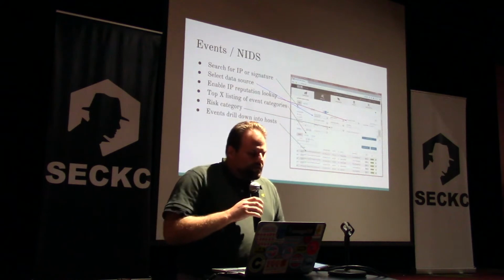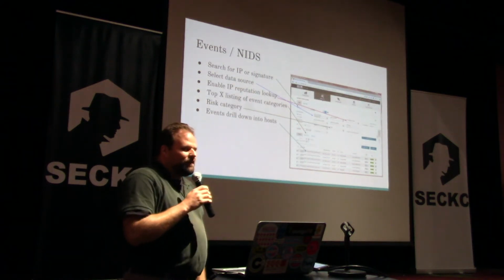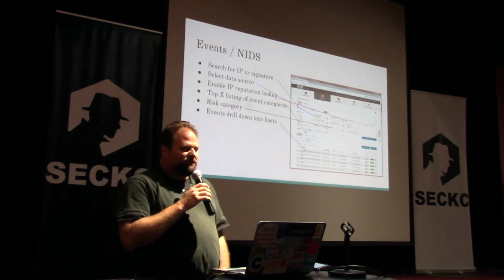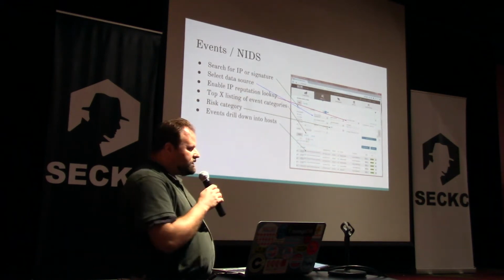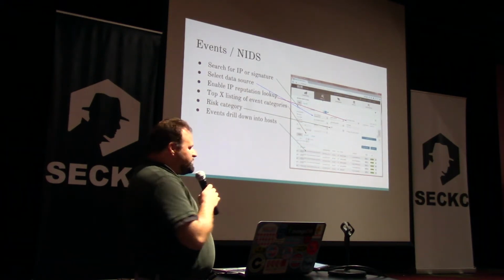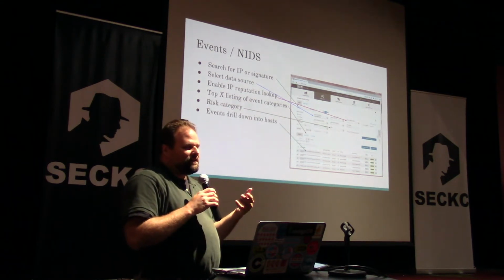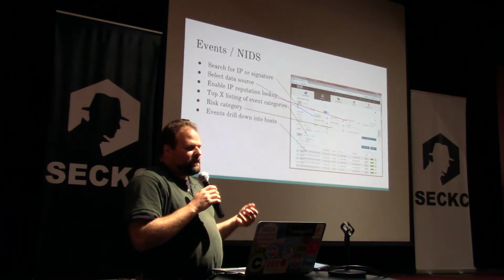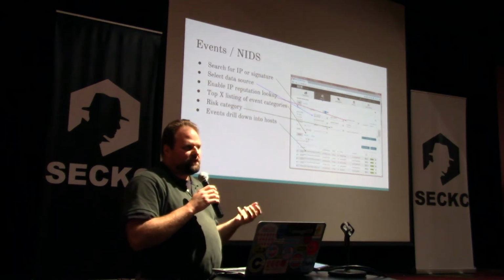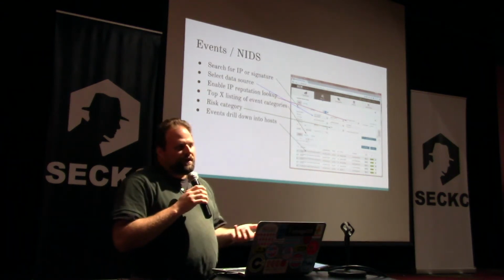Now, one of the things that we're doing here is trying to collect different types of information from different sources. In this case, intrusion detection. Essentially, intrusion detection is something that listens to your network and looks for signatures of things that could be bad stuff.